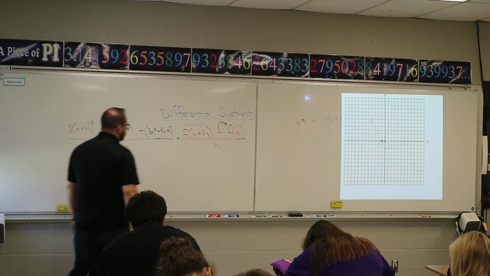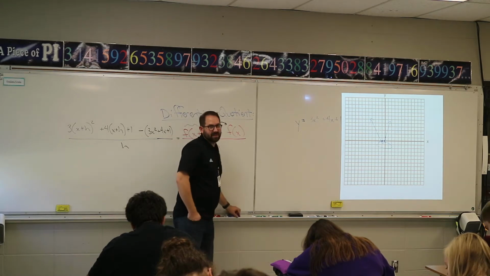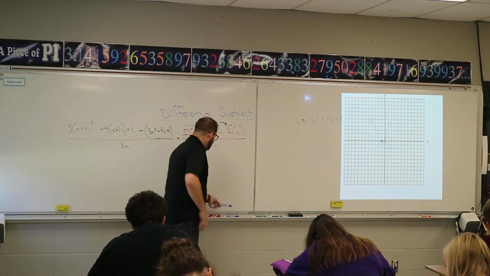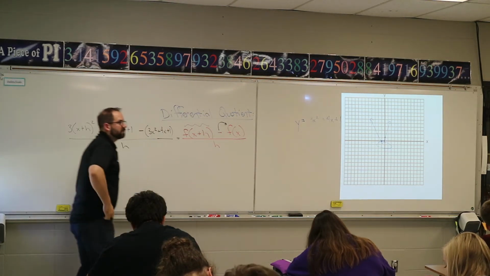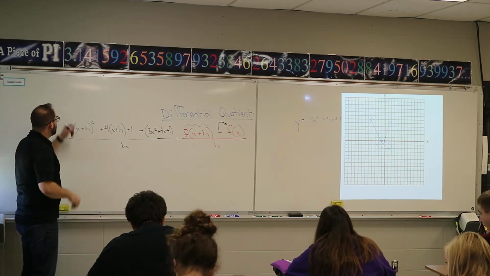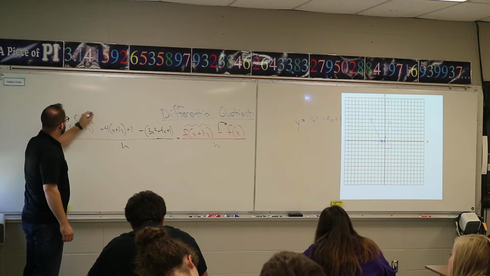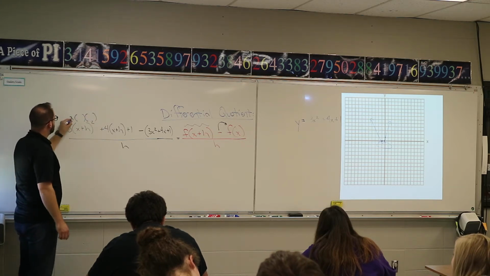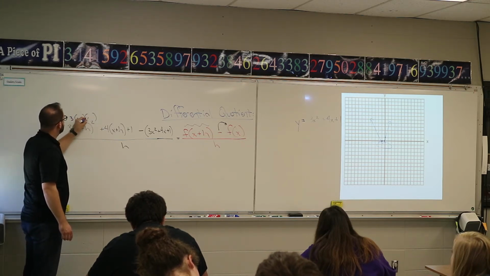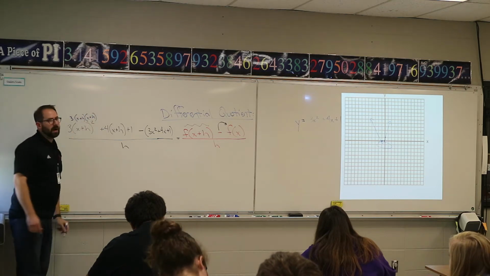Now, this is where all the math comes in. Can we do the simple math that we've learned over years of Algebra 1 and 2? This part right here is the hard part. You have to FOIL these two together: x plus h, squared, and then we distribute the 3 over it.